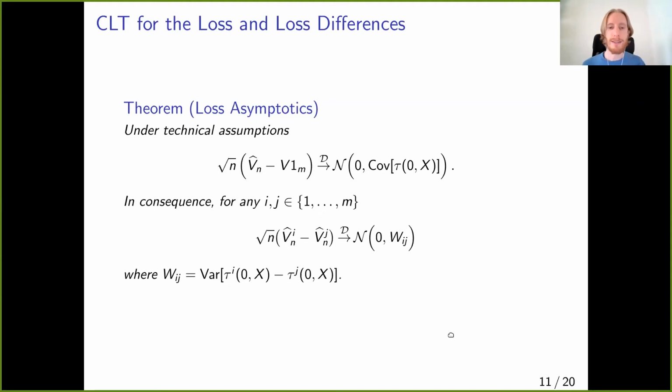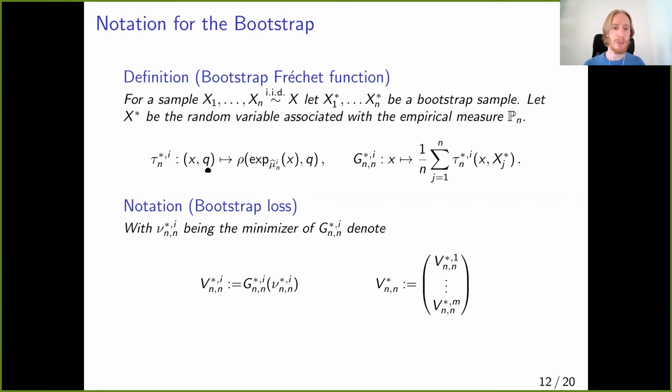So this is a central limit theorem, and then we define the bootstrap quantities. So we can define a local bootstrap estimating function here around the local sample means, local sample descriptors, sorry, here.